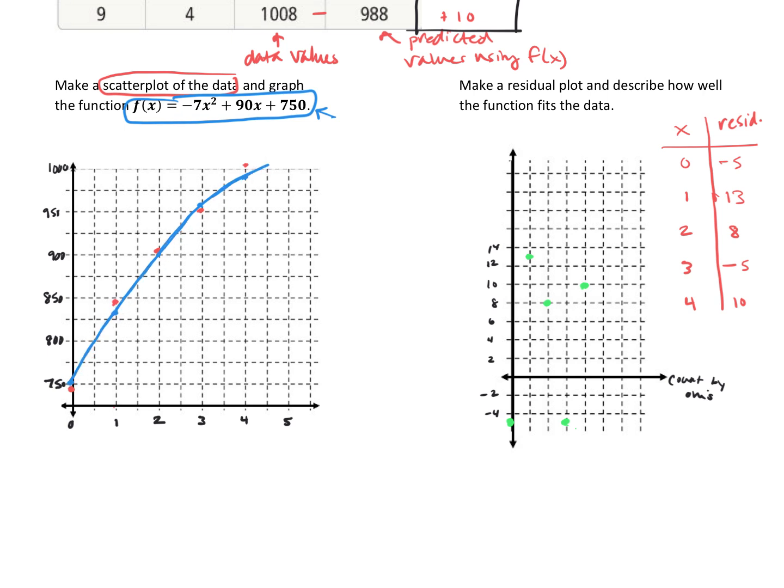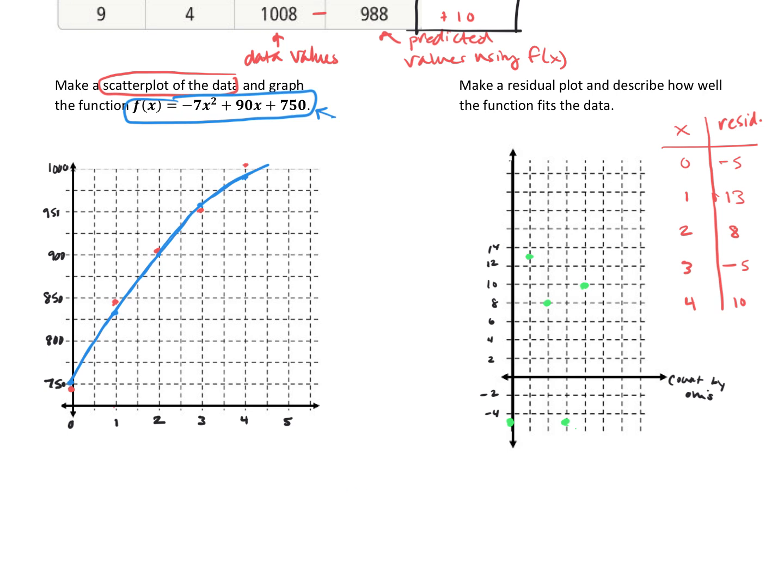So what we notice with our residual plot is we have, let's see, 1, 2, 3, 4, 5. We've got 3 residual points above our x-axis and 2 below. So that is decently split between the positive and the negative residuals.